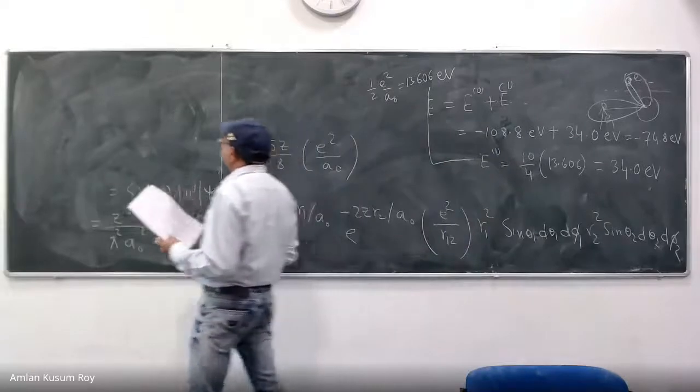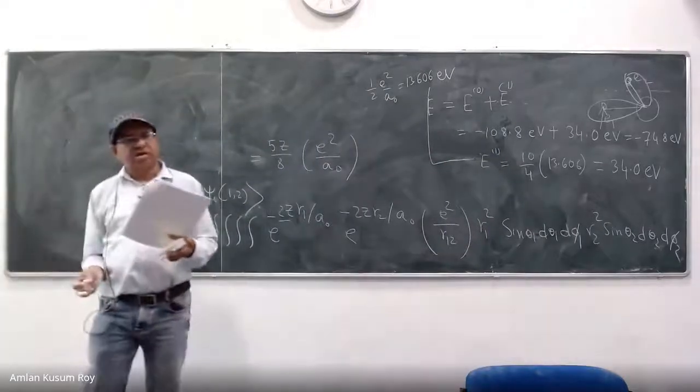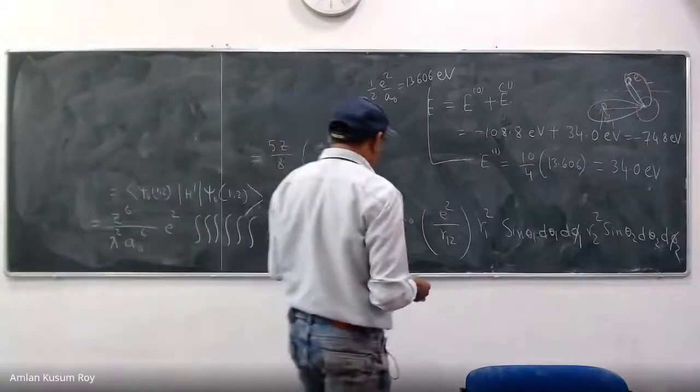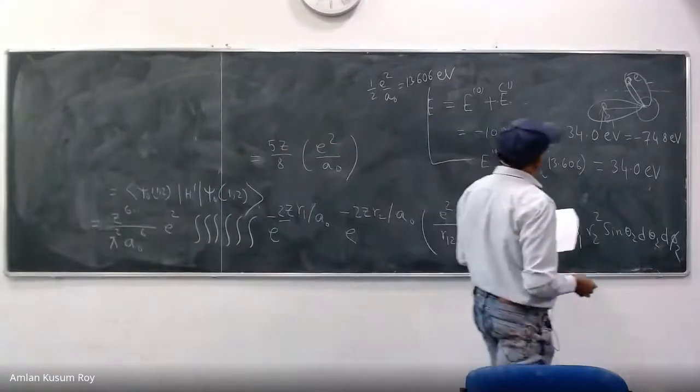Okay, so if perturbation theory is applied to first order in the ground state of helium, I get an energy of minus 74.8 electron volt.